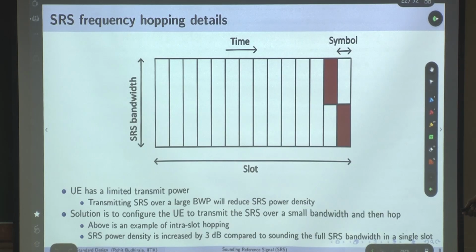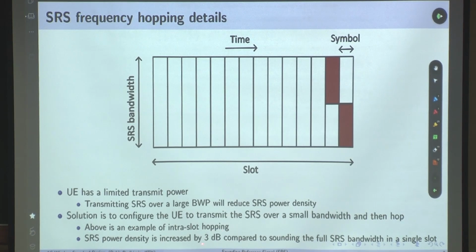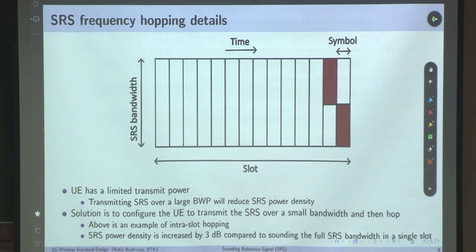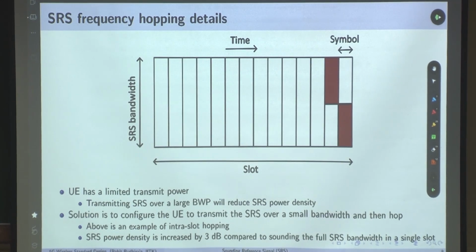So what are we saying here? The SRS power density is increased by 3 dB compared to sounding the full SRS bandwidth in a single slot. If you transmit the complete SRS in one symbol, and compare with transmitting it like this, this will have a 3 dB higher link budget, because in the first case the power is spread over the complete bandwidth, and here the power is spread only over half of the bandwidth.